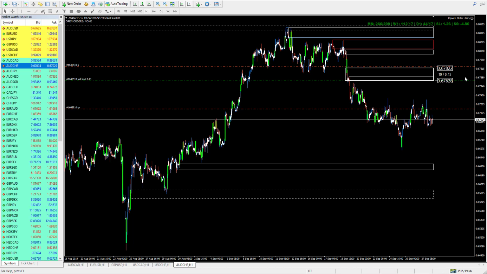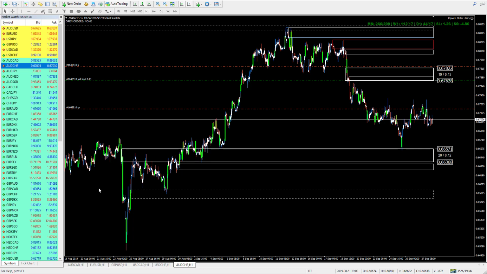Perfect. So we got that there. And then we want to look for the similar thing. So for our targets, we have this. Test. What area did it? This one did here. So our target will go around here, just above this one here. I'll put it right there. Okay.